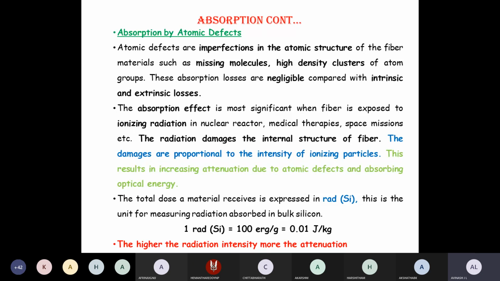So we'll make a note of it. Atomic defects are imperfections in the atomic structure of the fiber material, such as missing molecules and high density clusters of atom groups. So write that absorption losses are negligible compared to intrinsic and extrinsic losses.